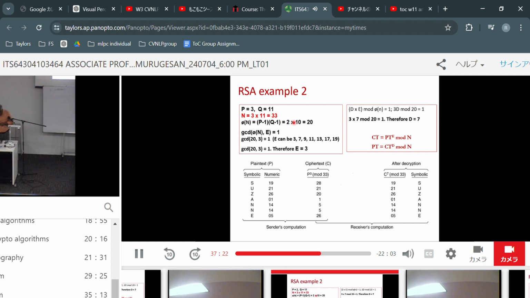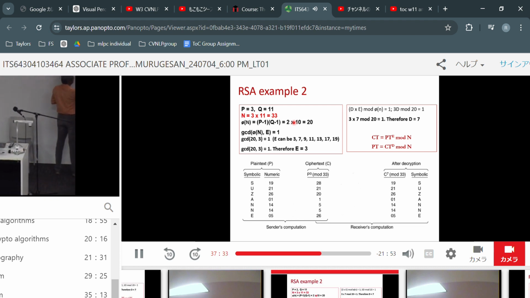Your 11 also can be written in terms of 8 bits, just 8 bits only. So we are taking two 8-bit prime numbers, 3 and 11, and n is 33. Now you see the beauty here.